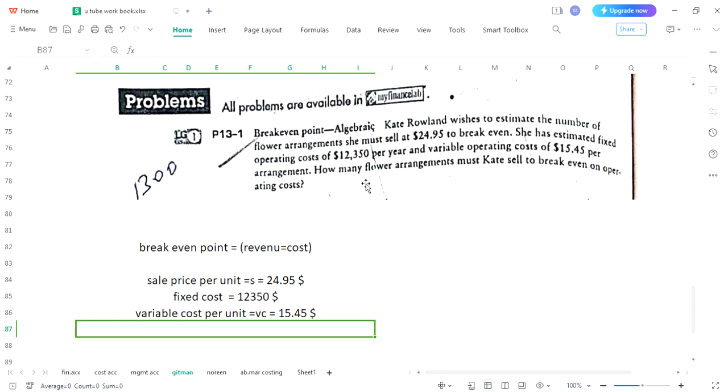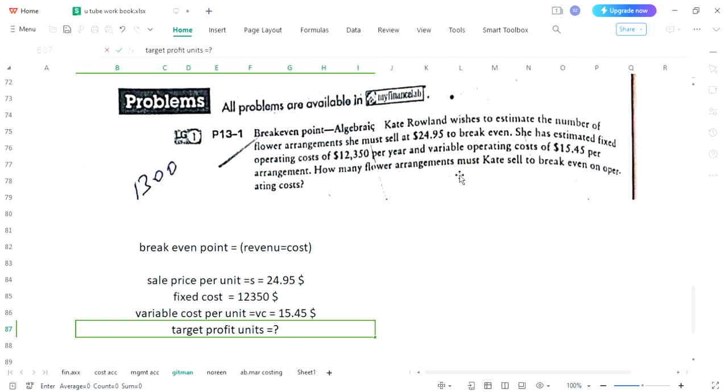How many flowers? It means numbers are needed. So we have target profit units to be calculated. Now you will ask, we were supposed to calculate break even point, but here we are asked to calculate the target profit units.